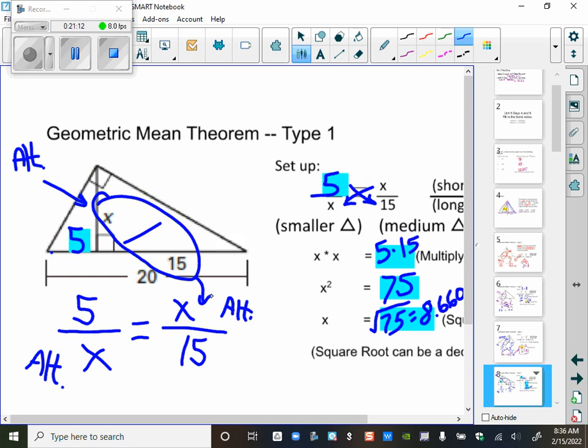Next 4 to 6 problems. The unknown or A value will be one of your slants, and I'll tell you how to set them up. Okay, questions before we continue? All right, here we go.